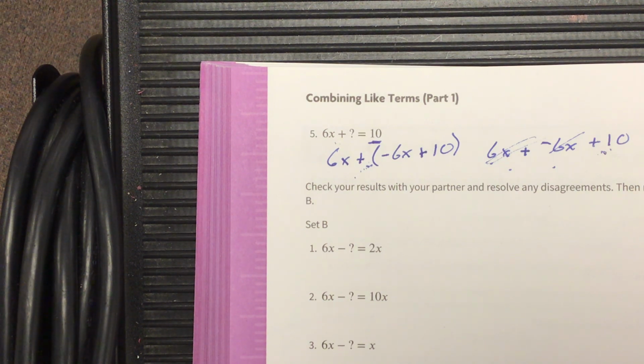All of us have different answers. Are you listening to us? Can't combine. So 6x minus 6 is... Yeah, minus 6x.